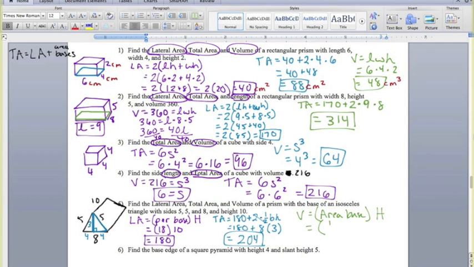So since our base is a triangle, that's 1/2 base times height of the triangle, and then we're going to multiply that by the height of the prism. So 1/2, the base of the triangle is 8, the height of the triangle is 3, and the height of the prism is 10. You multiply that all together, and we get 120.